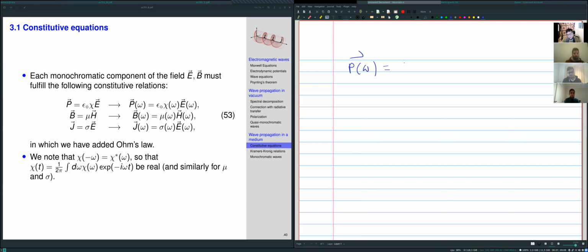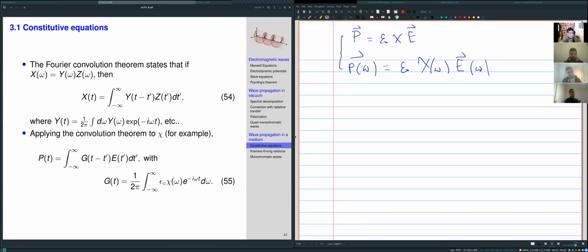The polarization is epsilon 0 chi of omega times E of omega. And we also know that in real space, P is epsilon 0 chi of E. And that's a Fourier pair.